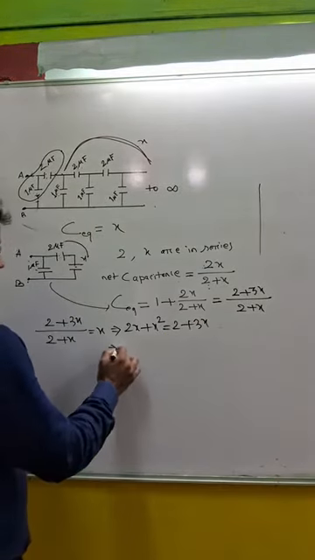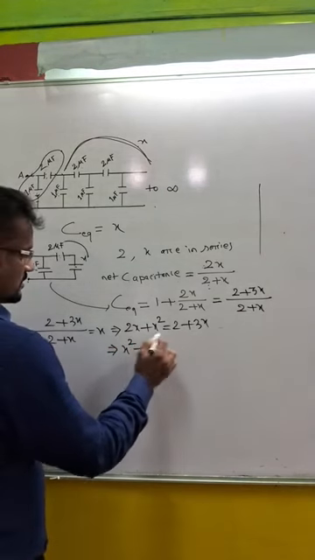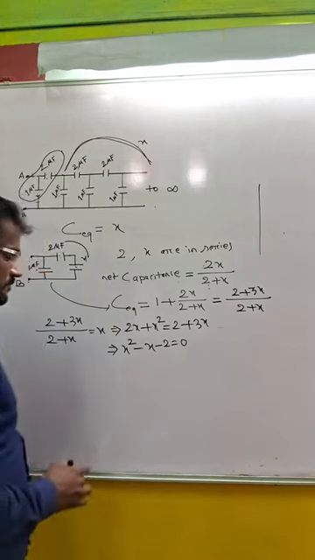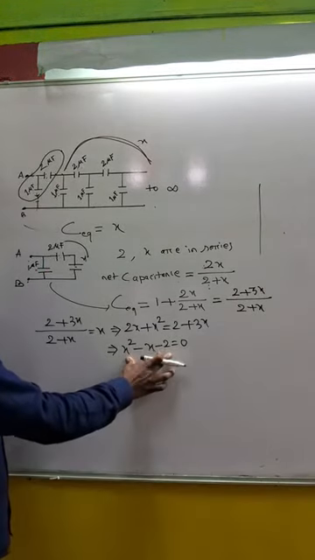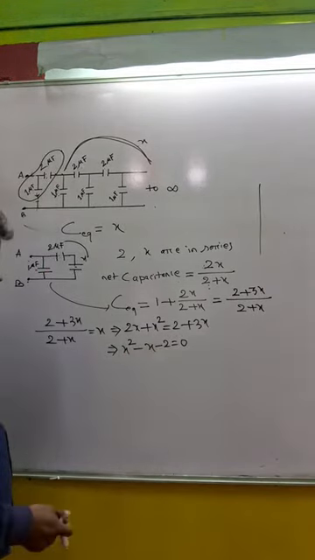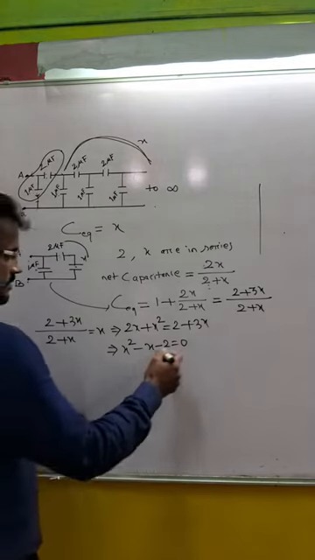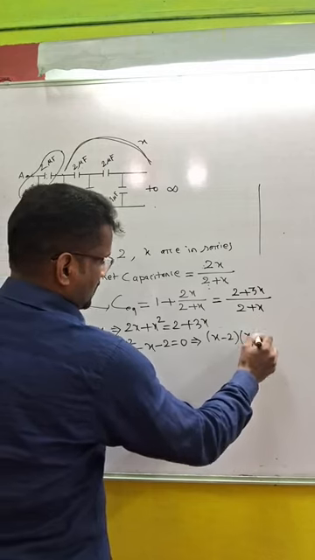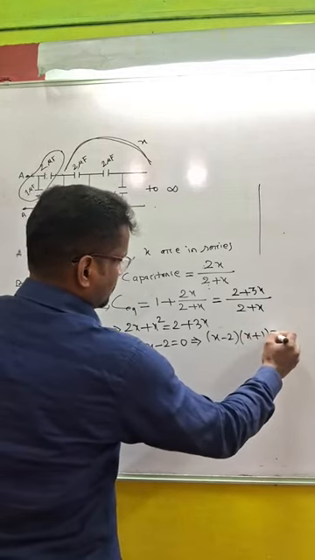It will give X squared minus X minus 2 equal to 0. If factorization is possible, go for it, otherwise you have the quadratic formula. It can be factorized as (X minus 2)(X plus 1) equal to 0.